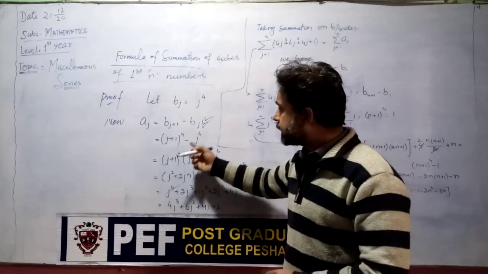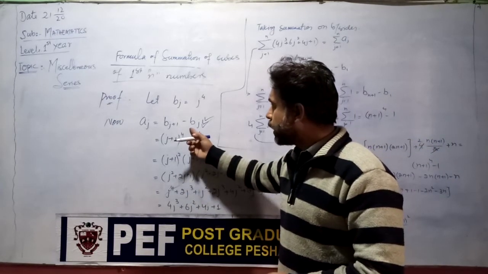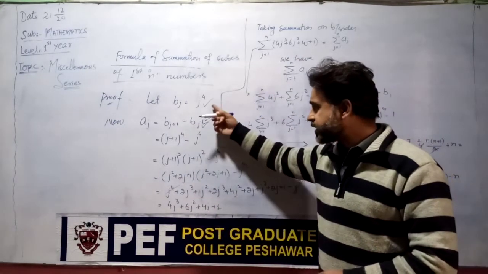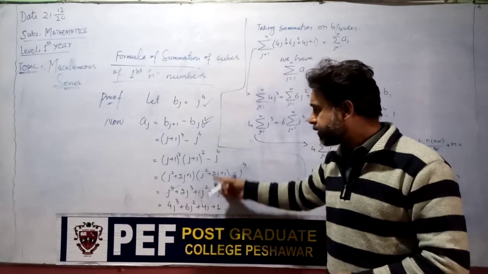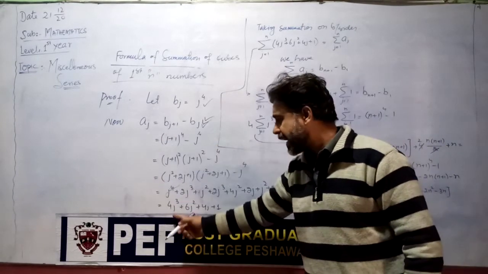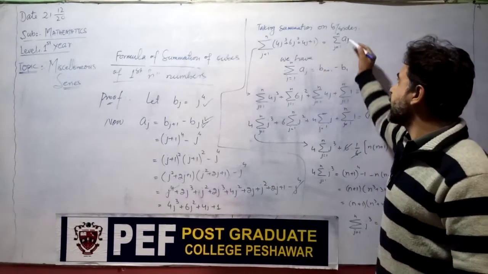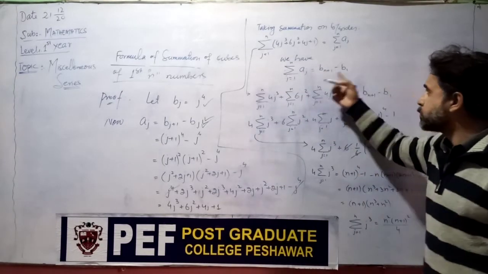So using these two concepts and the definition of this series, I further developed that Aj is equal to this, and taking the summation on both sides, I know that the summation of Aj is equal to this.